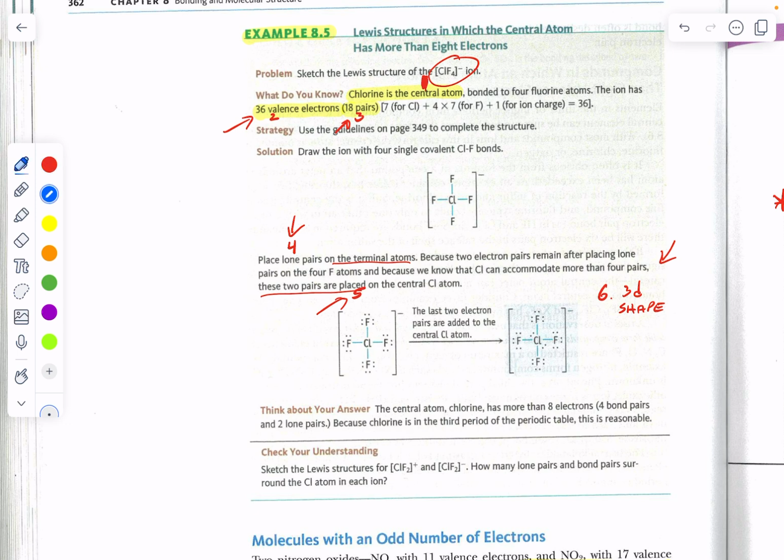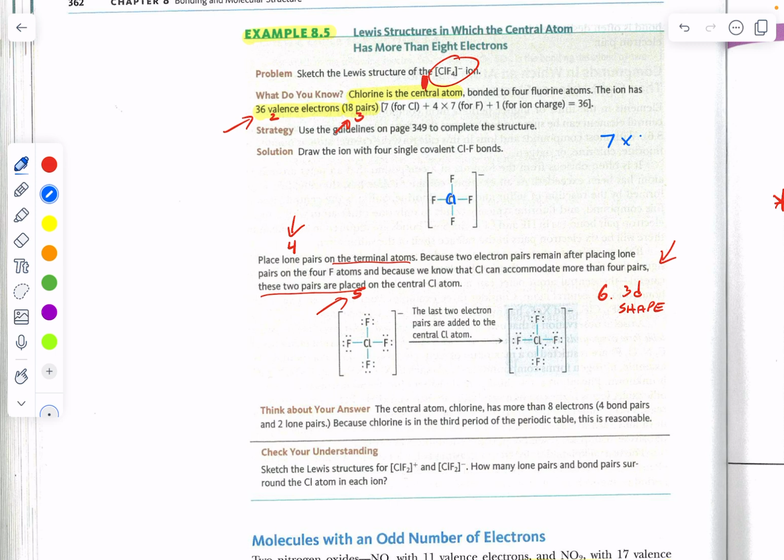You can see as we follow these rules that we choose chlorine to be my central atom. We add up our total number of electrons. As you might imagine, fluorine and chlorine all have 7 because they're in the same column on the periodic table, the halogen column.